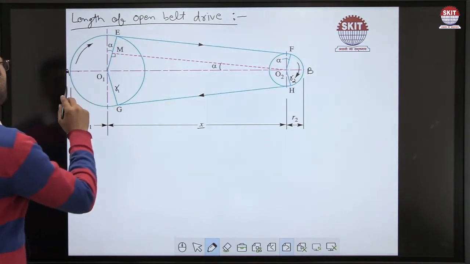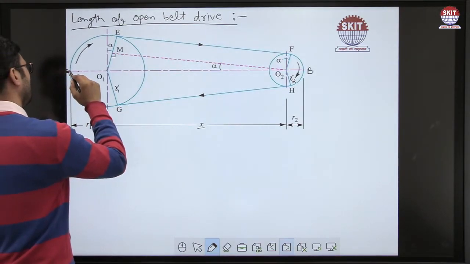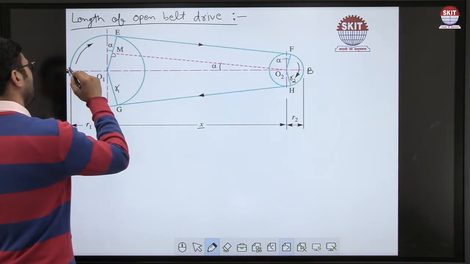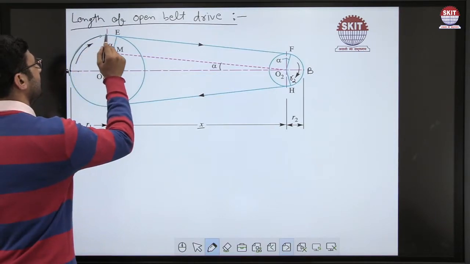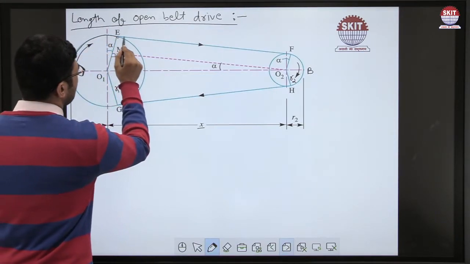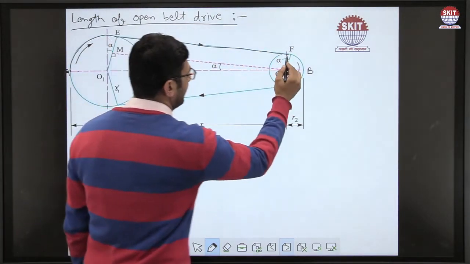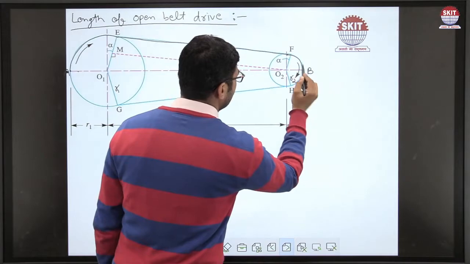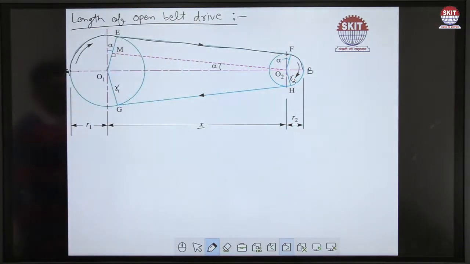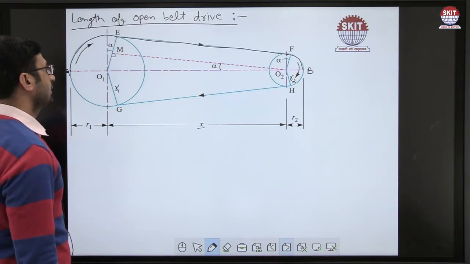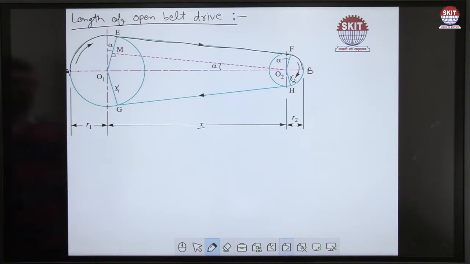So if we find out the length of the belt from point A to E and E to F and F to B and double this length, then we find out the total length of the open belt drive to connect these two pulleys.